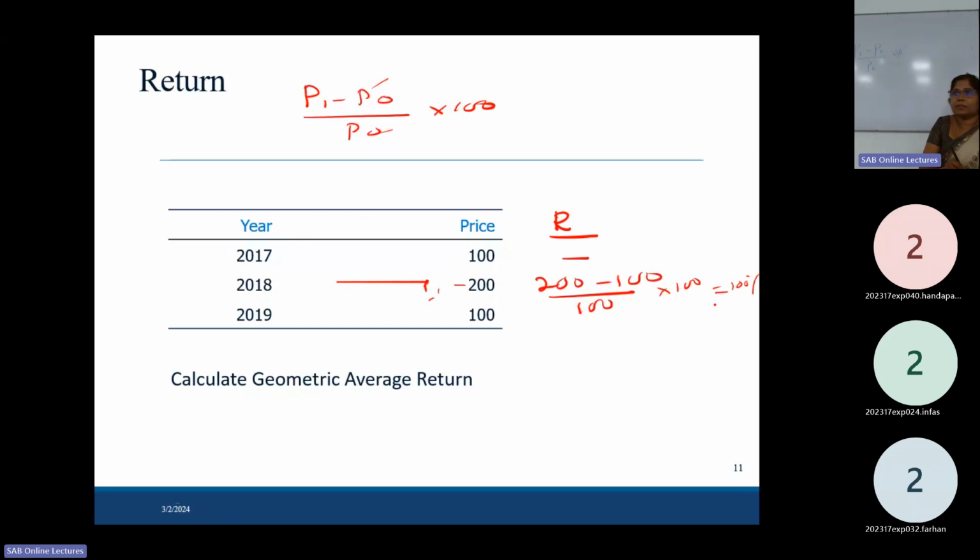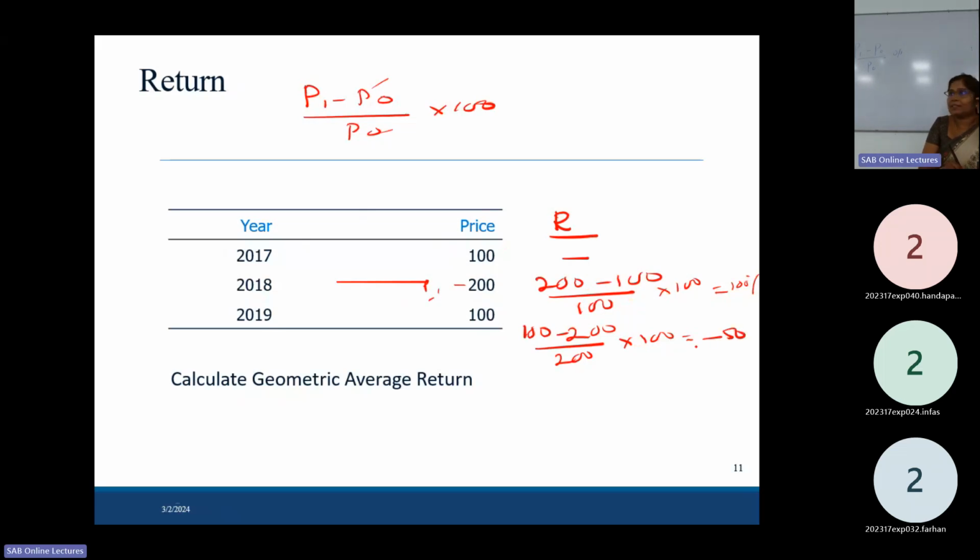Correct, it is 100%. For 2019, it is equal to 100 minus 200 divided by 200 into 100. P1 is 100, P0 is 200. So the annual return for 2019 is minus 50, yes.